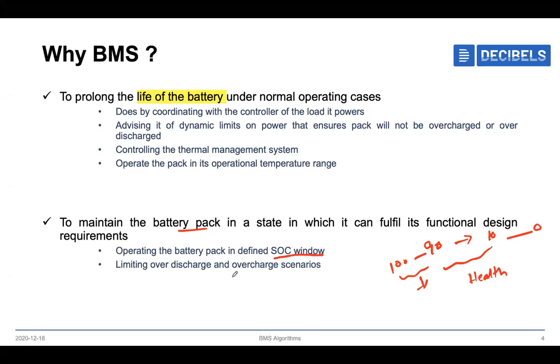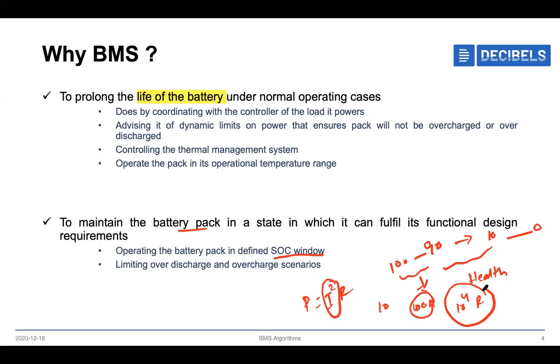So when we over discharge the cell, we all know that the losses that happen in the cell are I square R losses. So when we over discharge or overcharge, this is the term which gets multiplied, I square. So instead of 10 amps, if you are discharging 100 amps, then this will be 10 to the power 4 times the R value, which means the power loss happening in the cell will be very big.